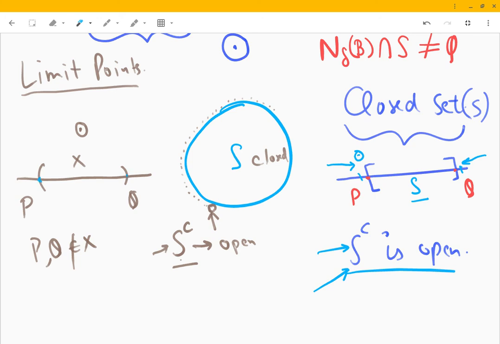We remember their delta neighborhood is neither entirely inside the set X nor entirely outside the set X. So P and Q are neither interior points nor exterior points. They are boundary points, they are frontier points. Also, they are limit points. Why? Because from this side and from this side, their neighborhood contains infinite elements of the set X.